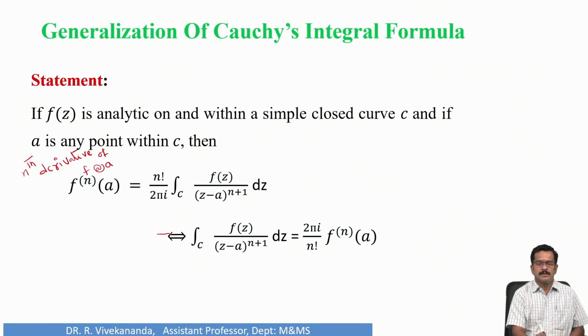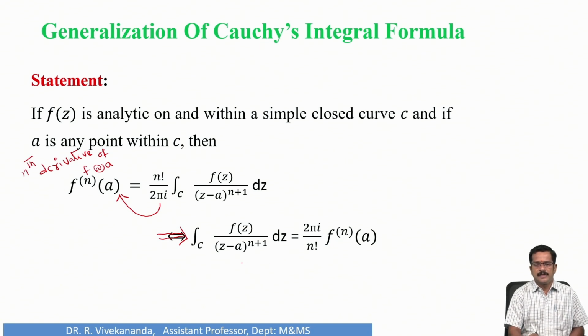This implies what do you write now? Integration over c of f of z by z minus a whole power n plus 1 dz equals 2 pi i by n factorial into the nth derivative of f at a. I am bringing this n factorial by 2 pi i to the other side, so that it becomes 2 pi i by n factorial into the nth derivative of f at a.